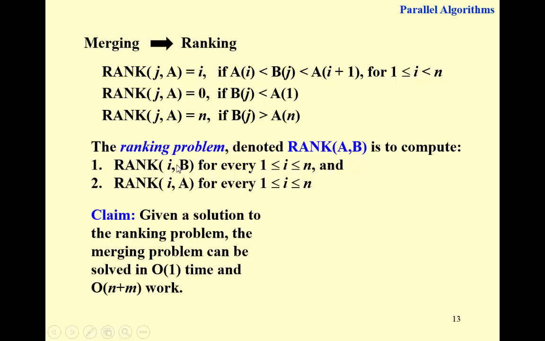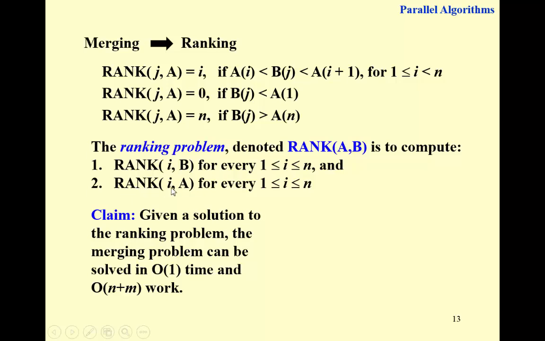And secondly, from A(1) to A(i-1), they must be placed before A(i), right? So what is the position for A(i)? That's the rank of A(i) in B plus what? Plus i minus 1 plus 1, right?